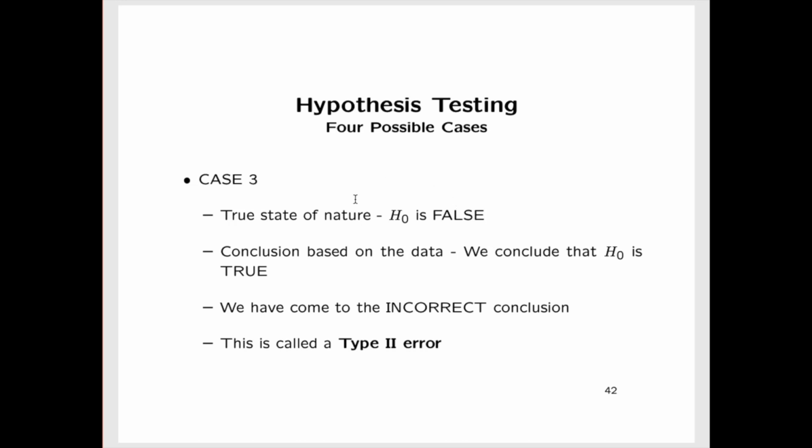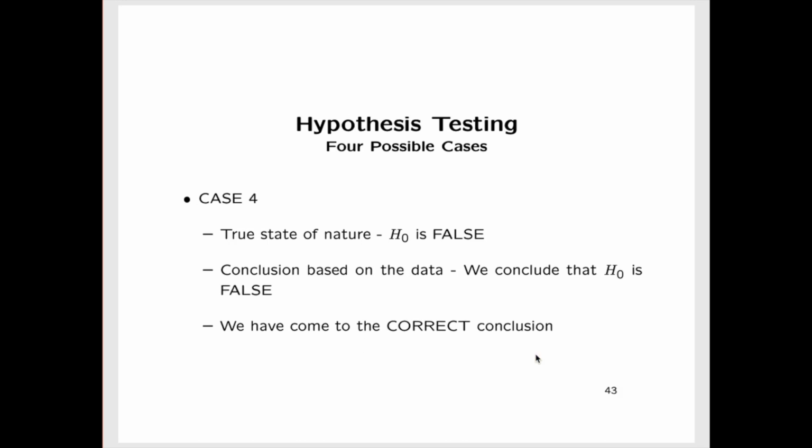Now, if that is false, a type 2 error in that context would be that the new treatment actually is more effective than the existing treatment. However, based on the data, we conclude that it's no better. That would obviously be something that we want to avoid as well. So we have these two types of errors, type 1 errors and type 2 errors, that are both undesirable and that we want to avoid.